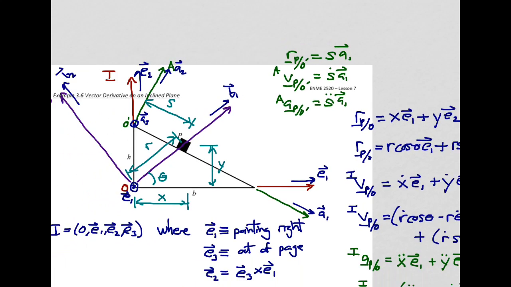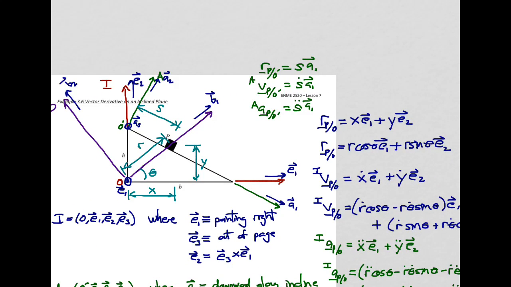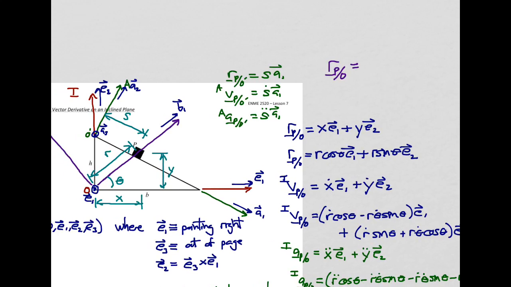Now we have reference frame B, and reference frame B isn't a reference frame that's fixed. Instead, it's rotating with respect to the inertial reference frame. And so for reference frame B, we want to define the position P with respect to point O. So it's R of P with respect to O. And you'll see that the position P with respect to O is simply going to be the distance R along the basis vector B1.